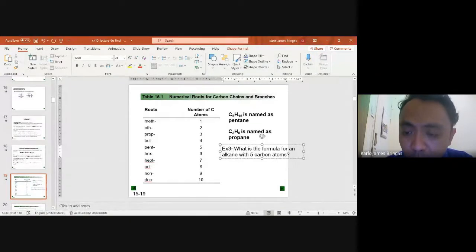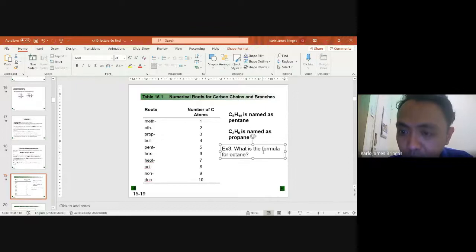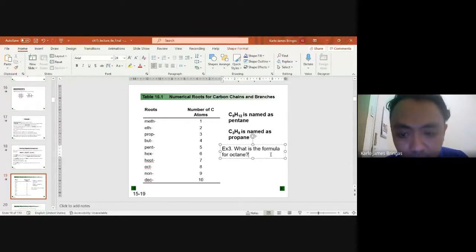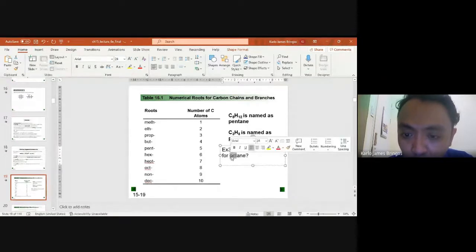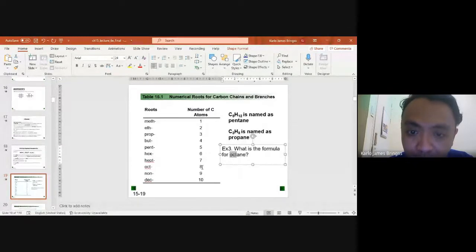This time, what is now the formula for our octane? To answer this one, again, we just have to look at the root. Ang root niya is oct. Oct has 8 carbon atoms.